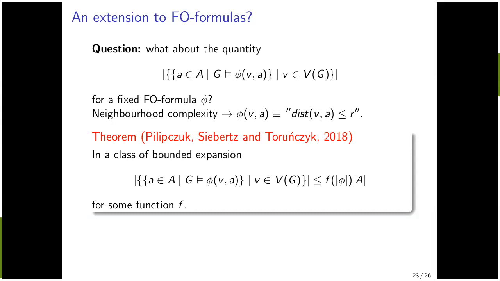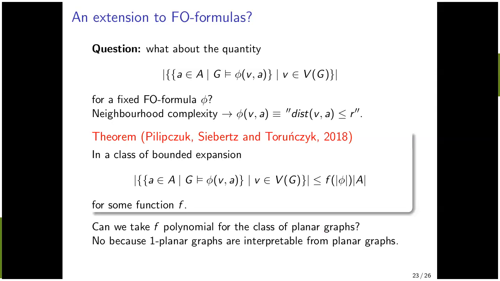And so we proved that in the very particular case where phi encodes the formula distance between v and A at most r, f can be taken polynomial for the class of planar graphs. And of course, we can ask, is it true for general formulas? And the answer is no. The reason is that one planar graphs are interpretable from planar graphs.